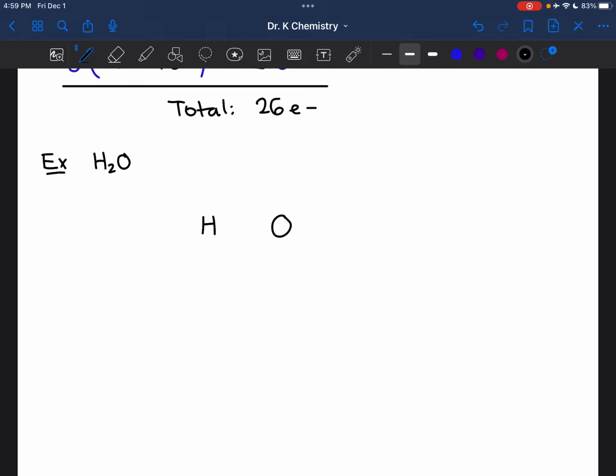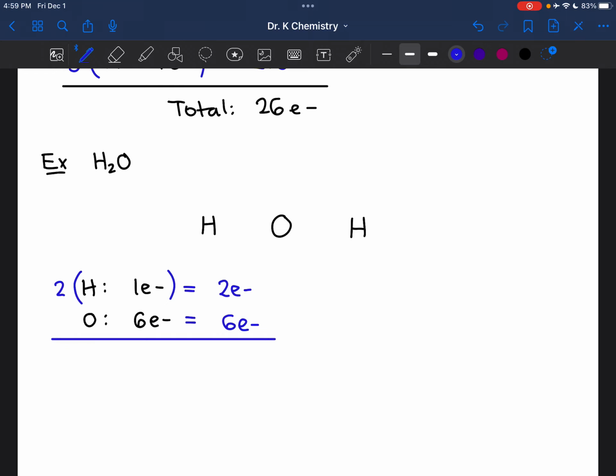That means that oxygen is going to be in the center and the hydrogens are going to be around it. Then I'll count the number of valence electrons. There are 2 hydrogens in the formula, so I need to multiply this by 2 to account for that. And if I add all of that up, that gives me a total of 8 valence electrons.